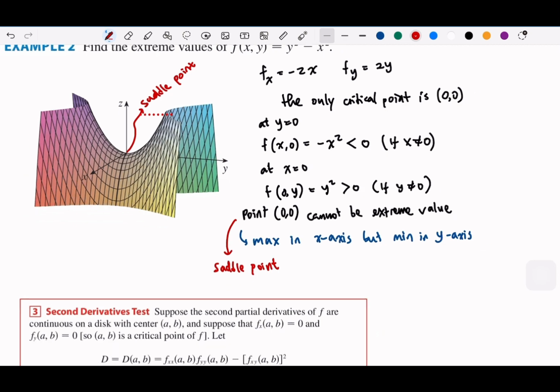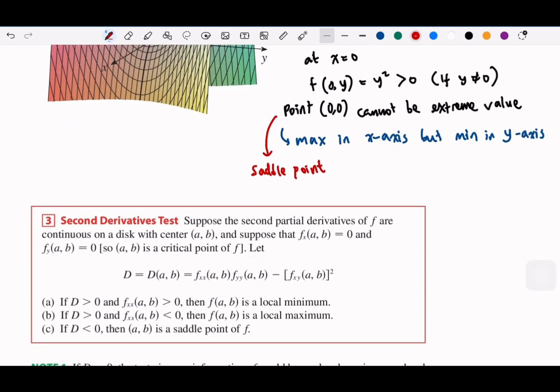The test is: if we have existing second partial derivatives of a function, which need to be continuous in certain domains, and suppose that partial x is 0 and partial y is also 0, that is the critical point.